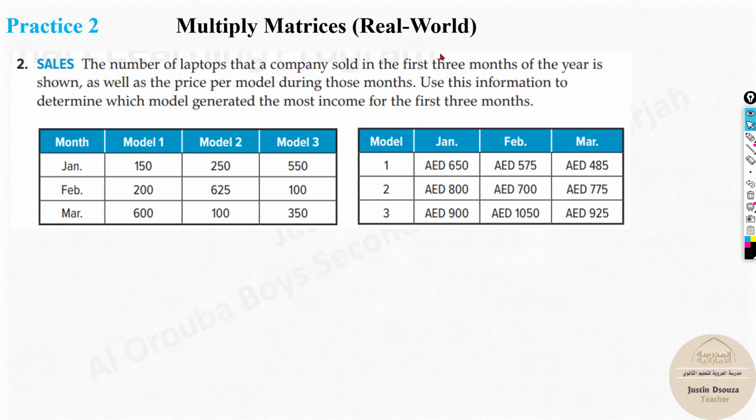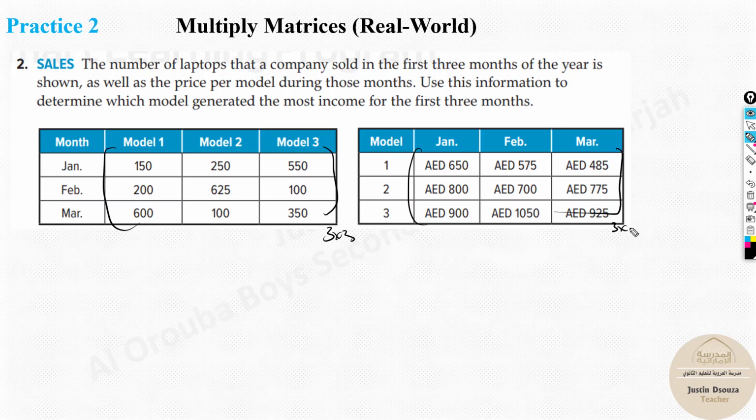Now, what other things are given? Use this information to determine which model generated the most income for the first 3 months. Which gave the most income. So now we need to multiply them. Yes, obviously. Now when you multiply, here you can do 3 cross 3.